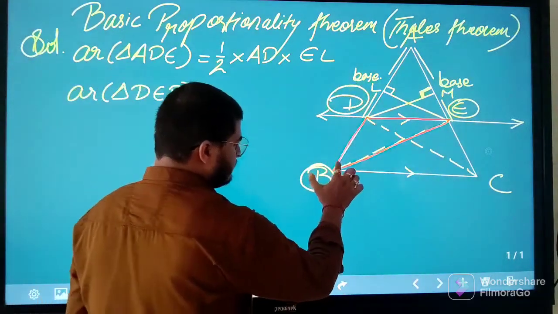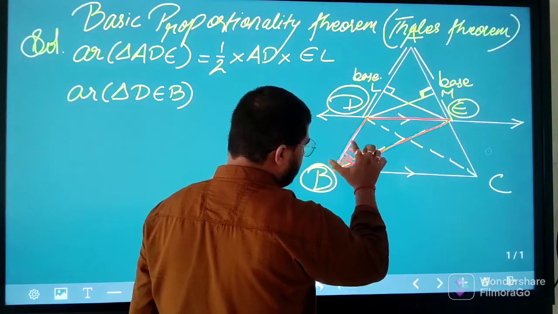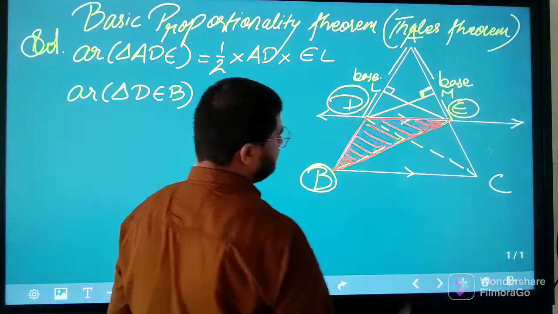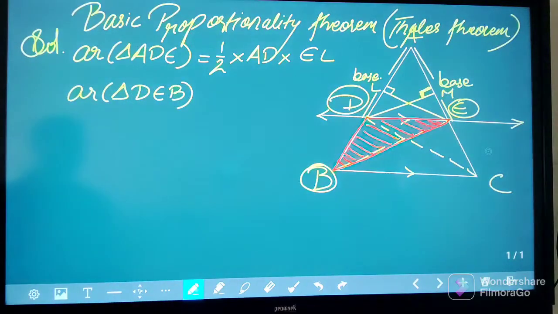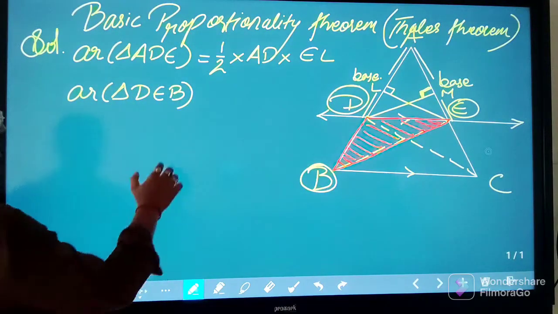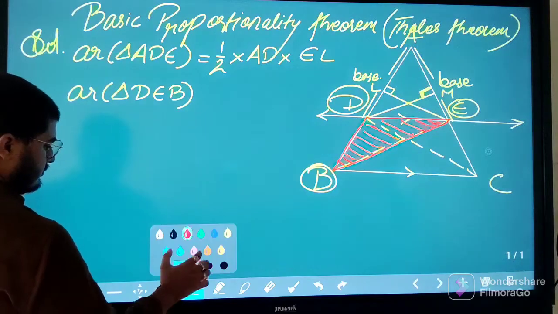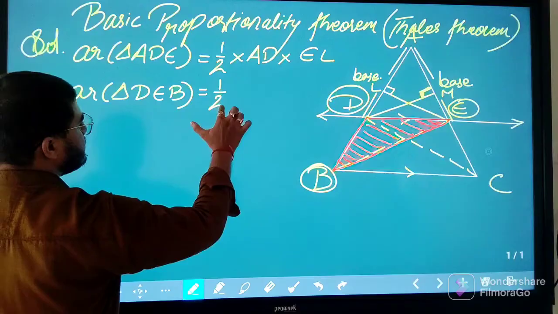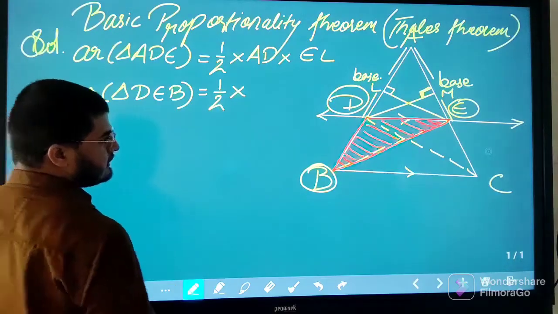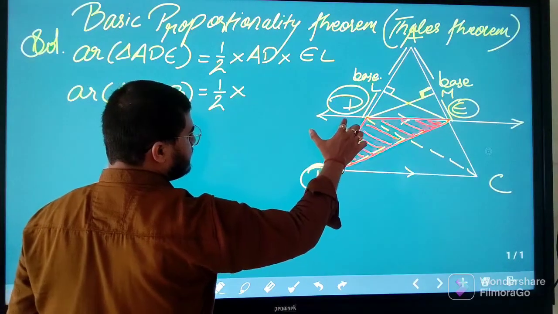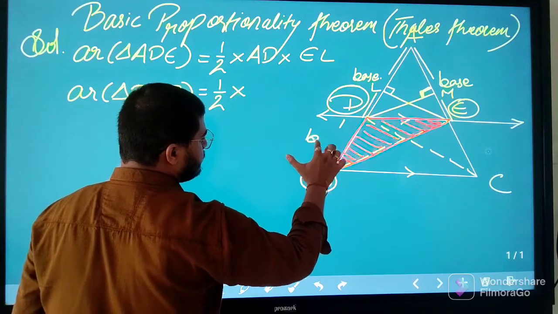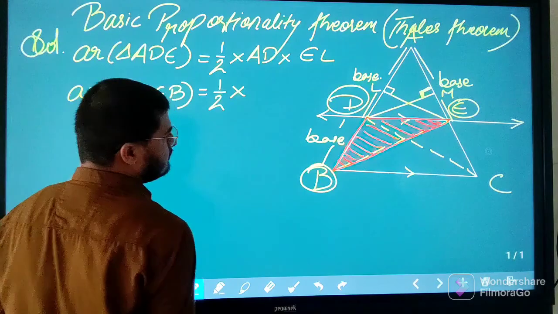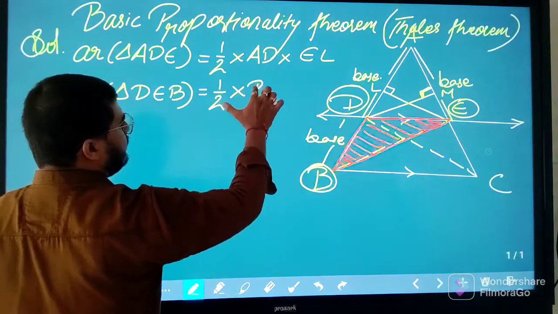So what is the area of this triangle? The formula is going to be the same, half base, and this side is going to act as base, that is BD.